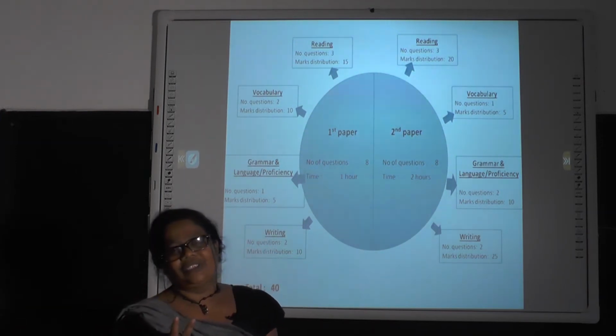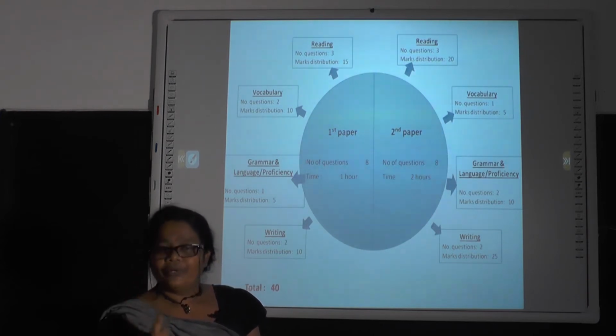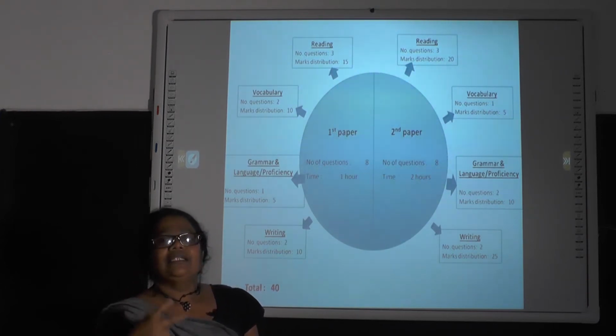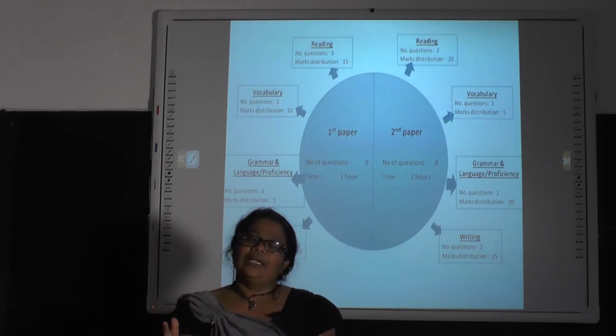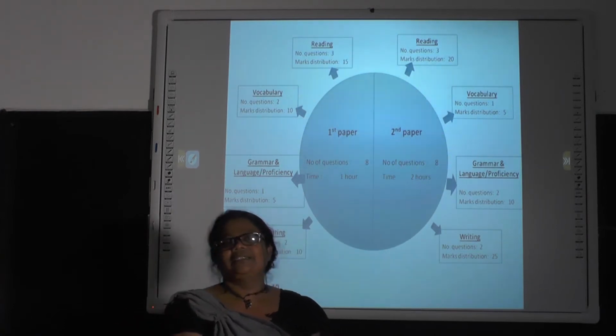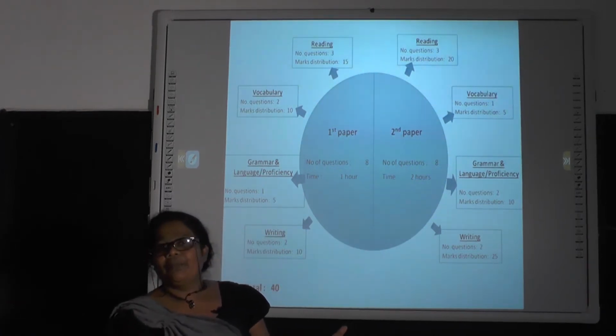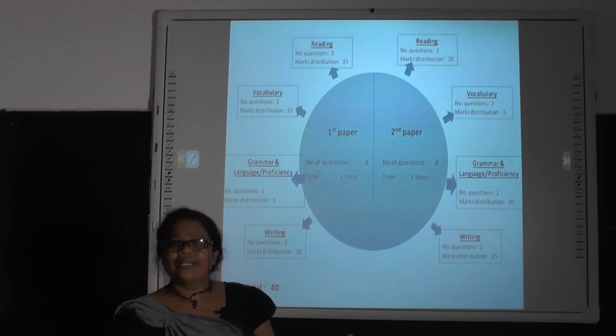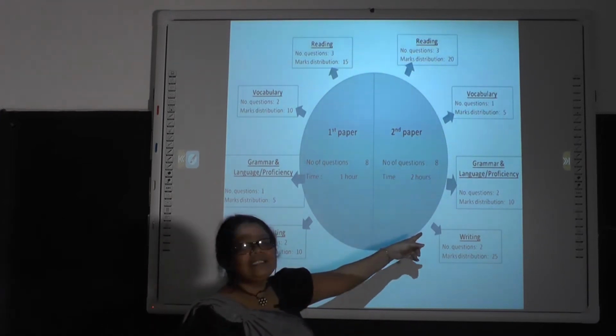There are 2 questions. One is question number 14. There is a choice to write formal or informal letters, or a question based on graphical sense, such as bar charts, pie charts, Venn diagrams, etc. You can earn 10 marks.